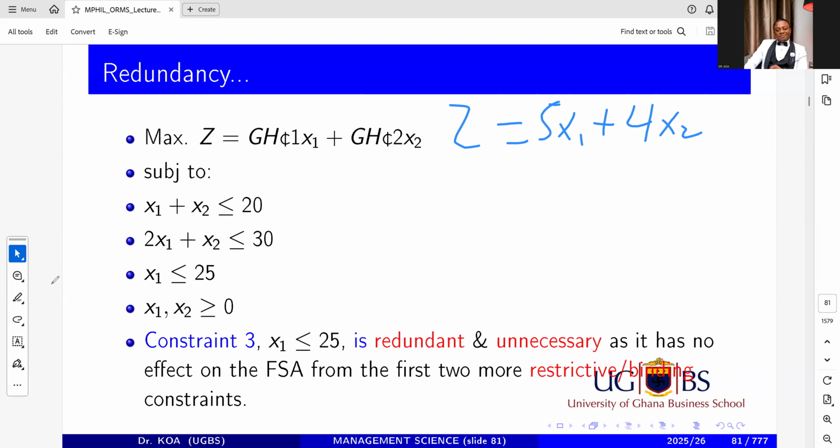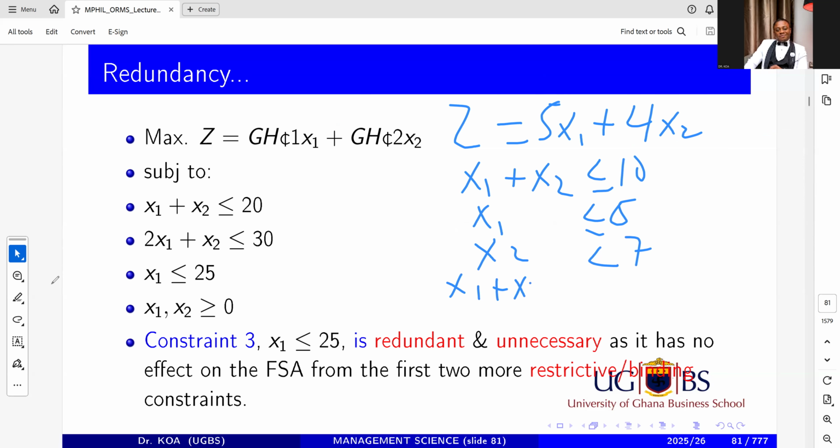And then you have x1 plus x2 less than or equal to 10, x1 is less than or equal to 8, x2 is less than 7, x1 plus x2 is less than or equal to 12. And then finally, your non-negativity constraint.